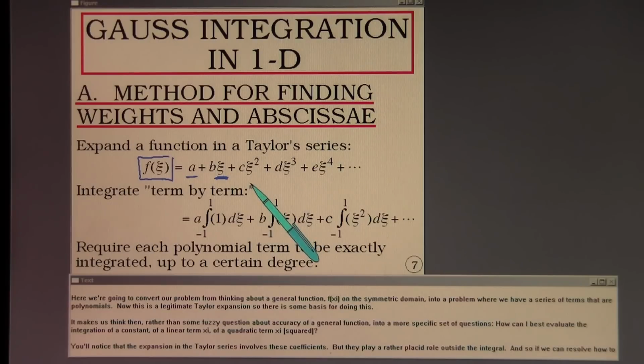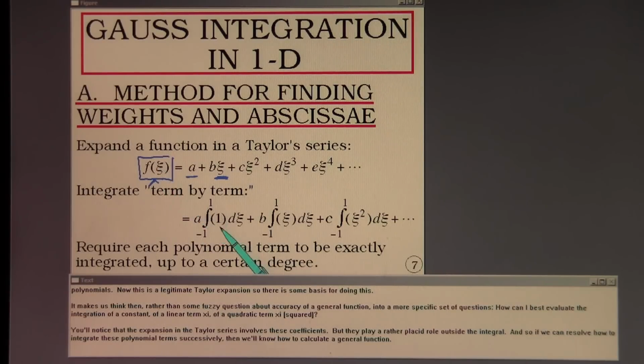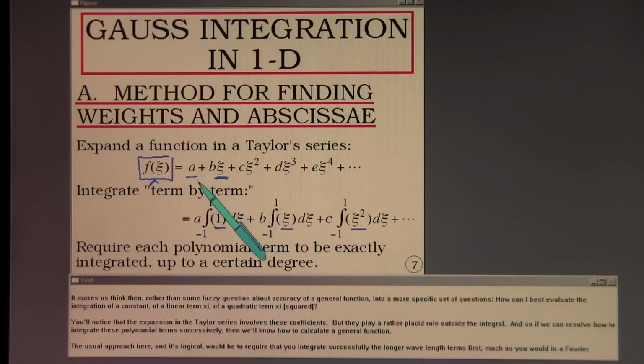Now this is a legitimate Taylor expansion, so there is some basis for doing this. It makes us think, rather than some fuzzy question about accuracy of a general function, into a more specific set of questions. How can I best evaluate the integration of a constant, of a linear term xi, of a quadratic term xi squared?